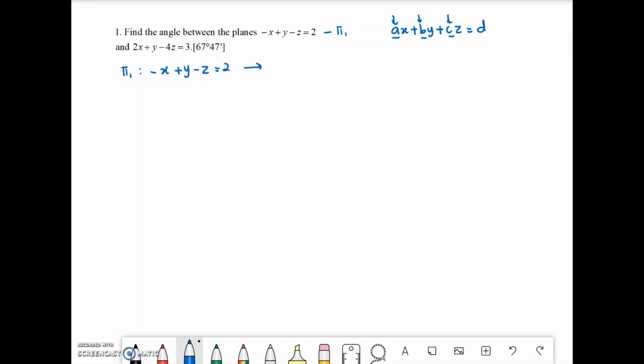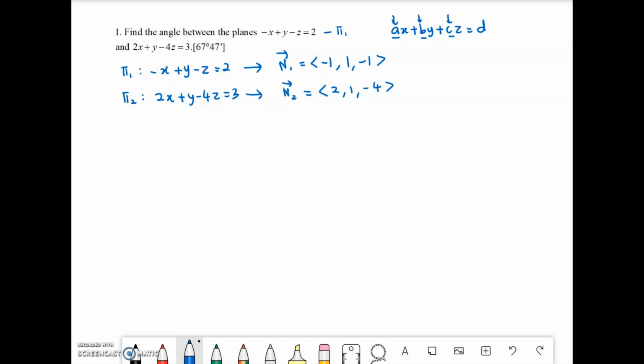So now we can identify the normal vector of plane 1, which equals negative 1, 1, negative 1. And then for plane 2, the equation 2x plus y minus 4z equals 3, the normal vector of plane 2 equals 2, 1, negative 4. So we have identified the normal vector for each plane.